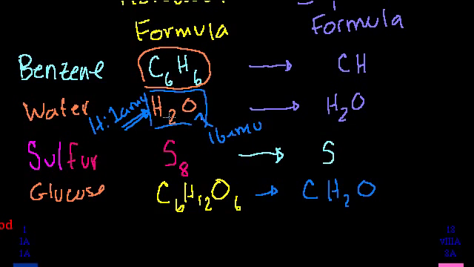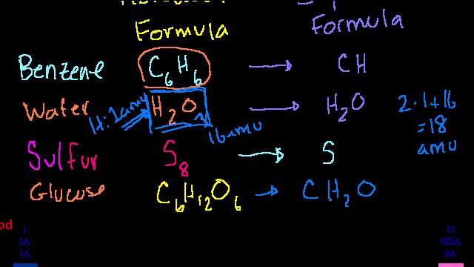So for the entire molecule, you have 2 hydrogens, so 2 times the mass of hydrogen plus 1 oxygen, 16. It equals 18 atomic mass units for water. And once again, if you want to say what percent by mass of water is oxygen, it's 16 out of the 18.